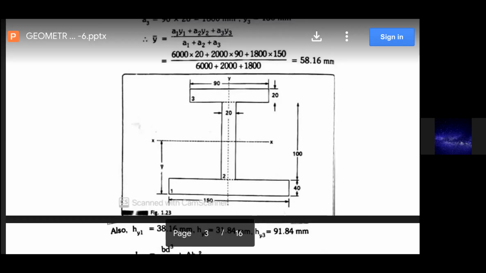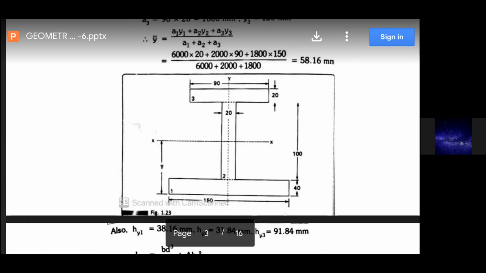We can divide this I section into 3 parts along the dotted lines. The lower bottom flange is one part, the vertical web is the second part, and the top flange is the third part. So we number them 1, 2, 3. And this is the first step.